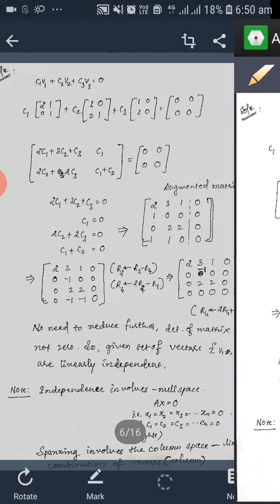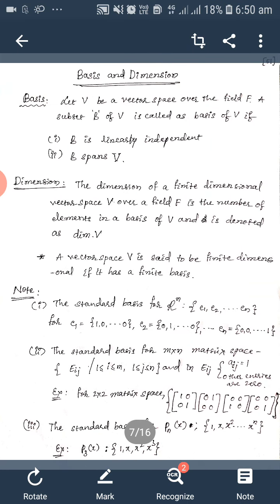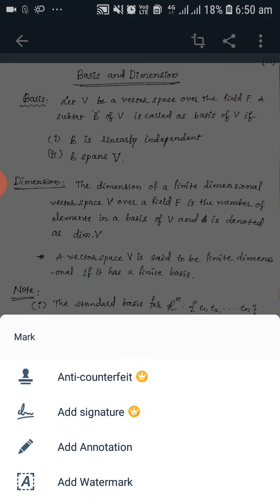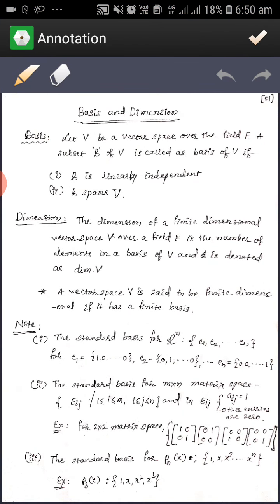So let us go for the next topic: basis and dimensions. What do we call a basis and a dimension?